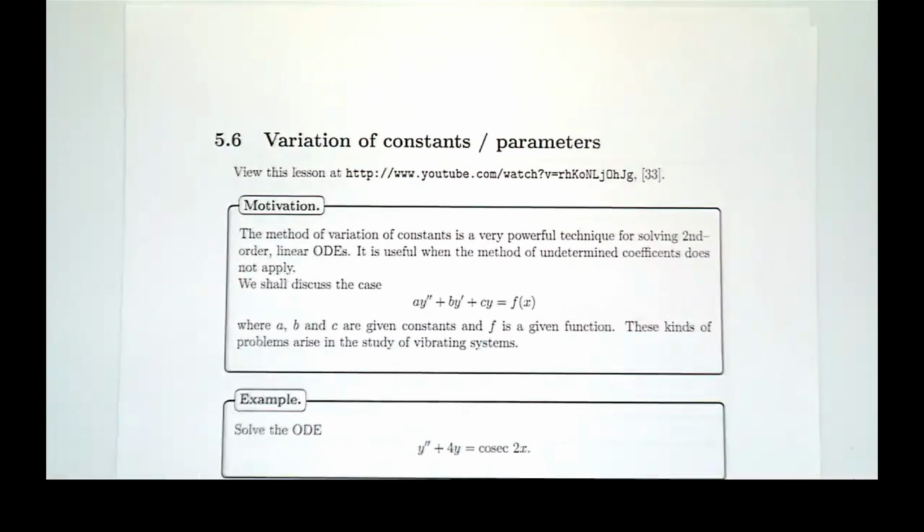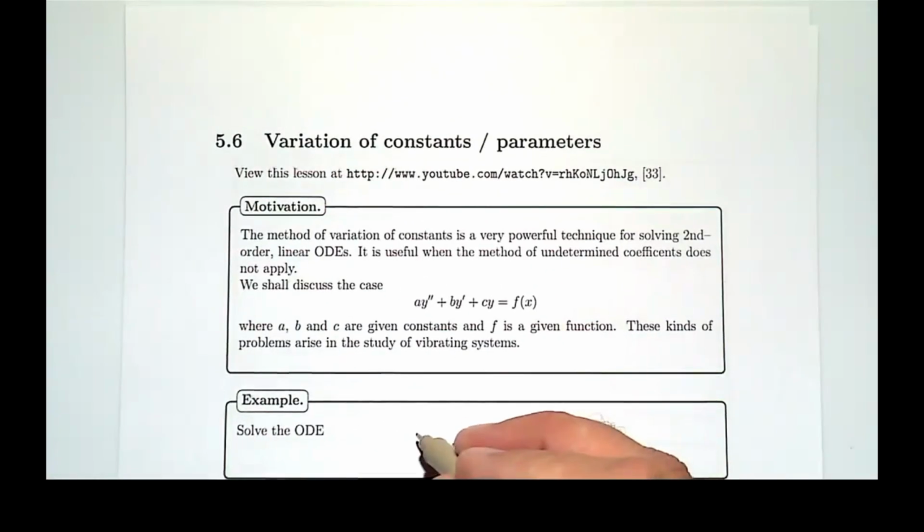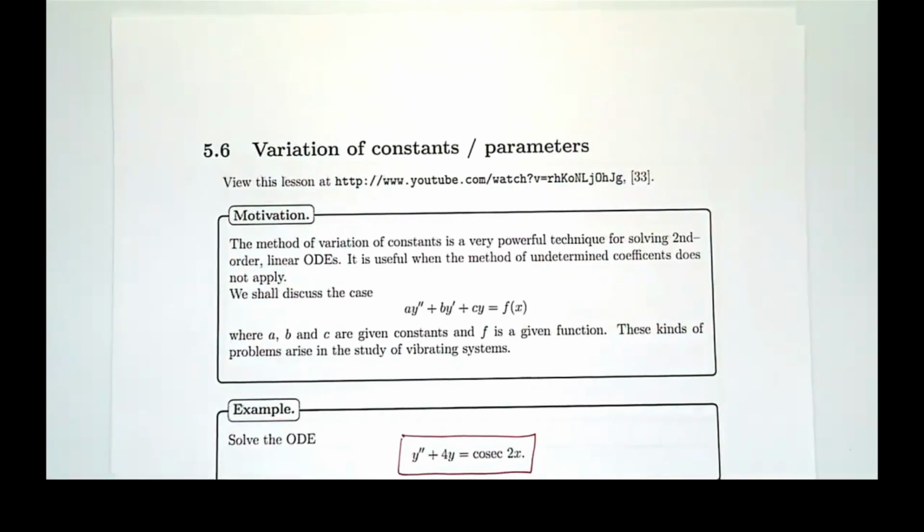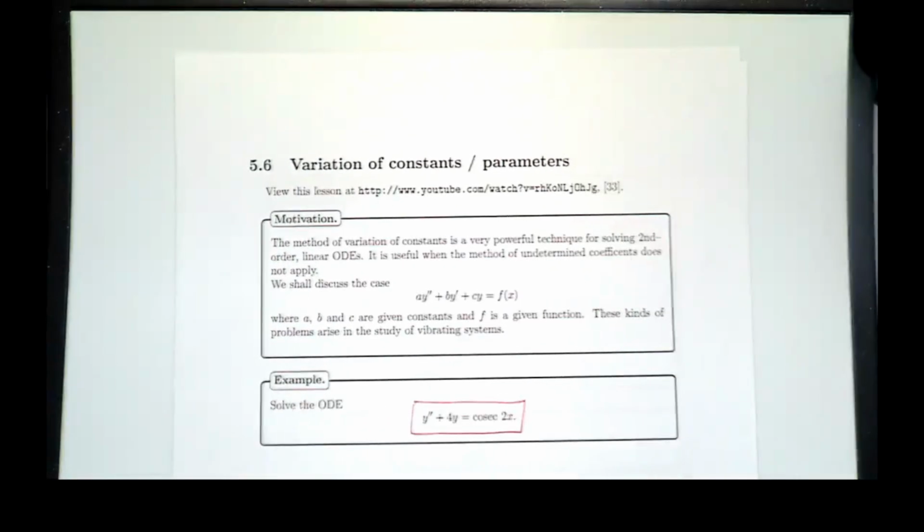So, I think I can motivate this through an example. This is something that you haven't seen in first year, and it's not really clear what you would do. It's easy to solve the homogeneous problem, y double dash plus 4y equals 0. That's easy. But what about this right-hand side?